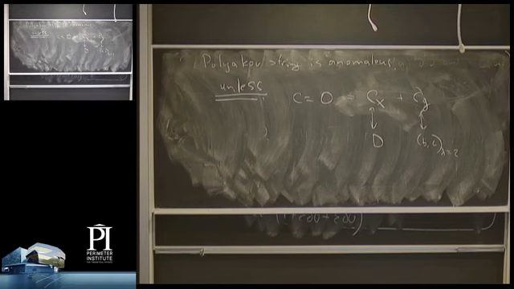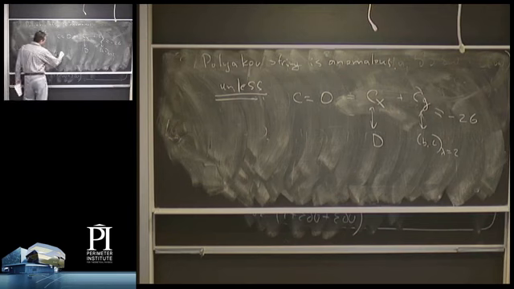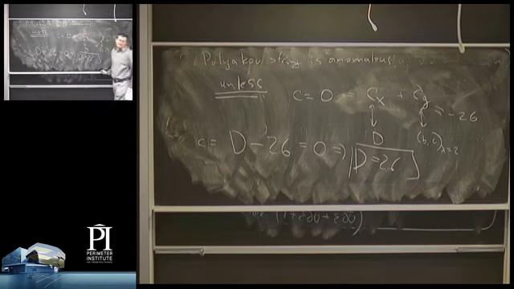Something that I told you, we'll come back to that, it will be important, is that precisely for this value of lambda, the central charge is equal to minus 26. So what we are finding is that in order for the central charge of the Polyakov string to vanish, the Polyakov string must live in the critical dimension D equals 26.